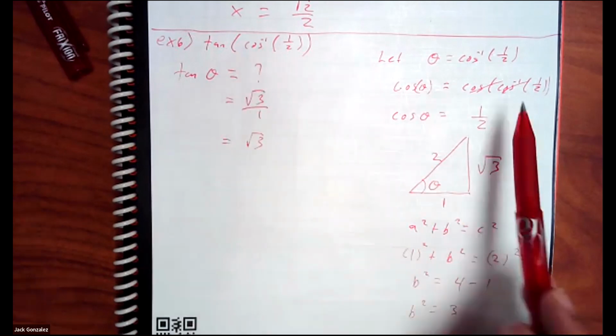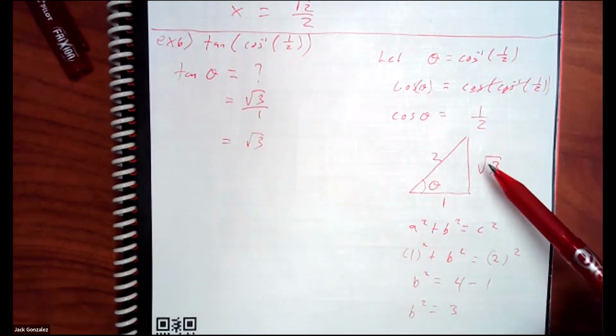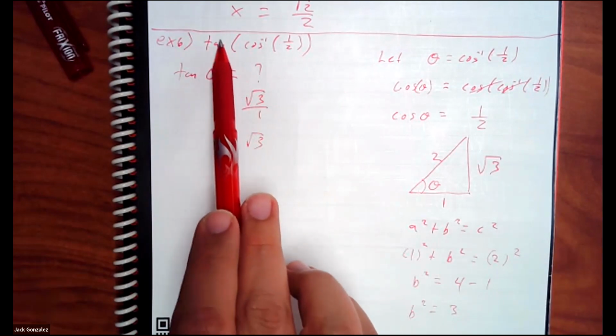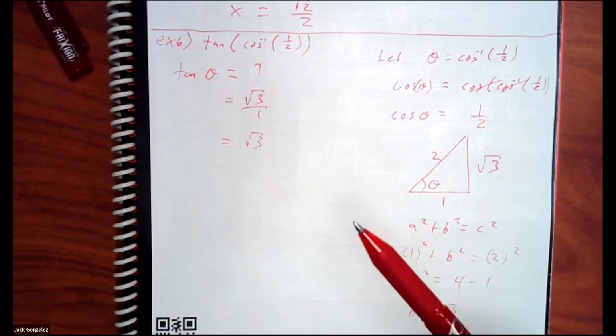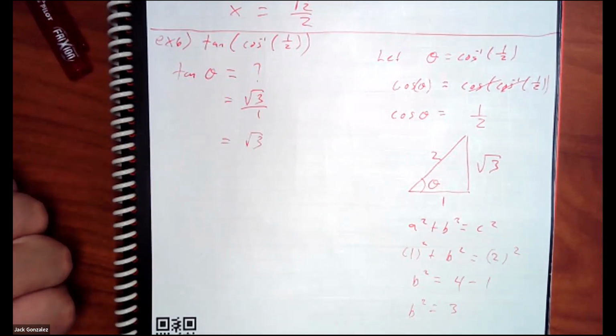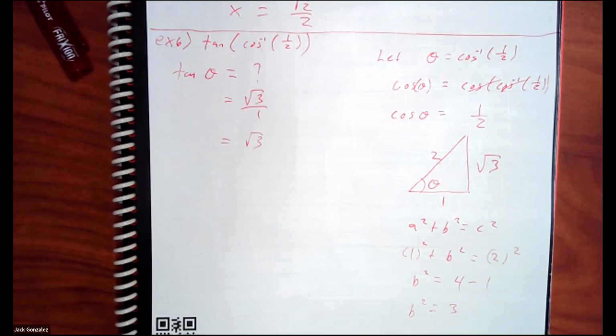So rewrite the inside and build your triangle with that information. Once you've built it, find the tangent or whatever's out here. Could be a sine, could be secant, doesn't matter. Not secant, I guess. Cosine. Okay. Any questions on number 6?